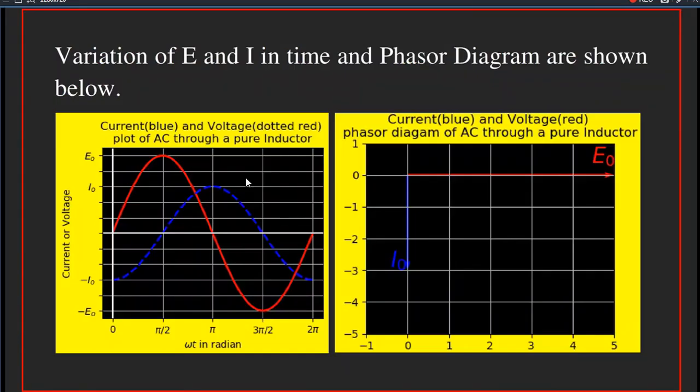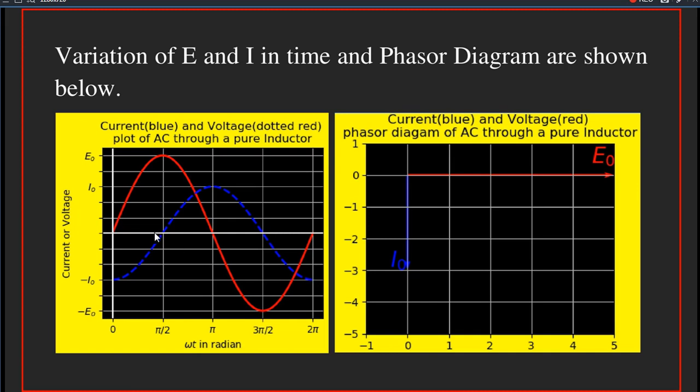Now the variation of applied EMF E and the current I with respect to time, here omega t, is shown in the first graph. The red line represents E equal to E0 sin omega t, with E0 as the maximum peak value, and the blue line represents I equal to I0 sin of omega t minus pi by 2, which is the resulting current.